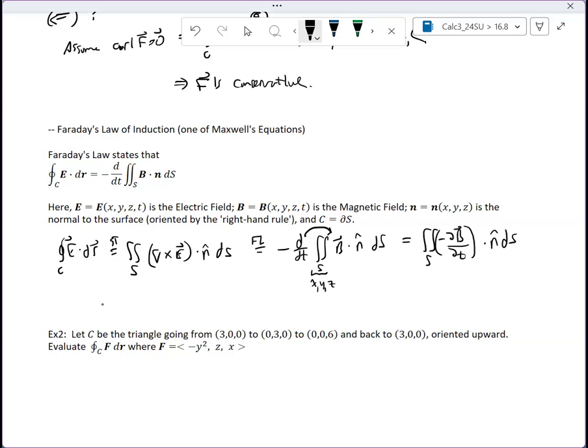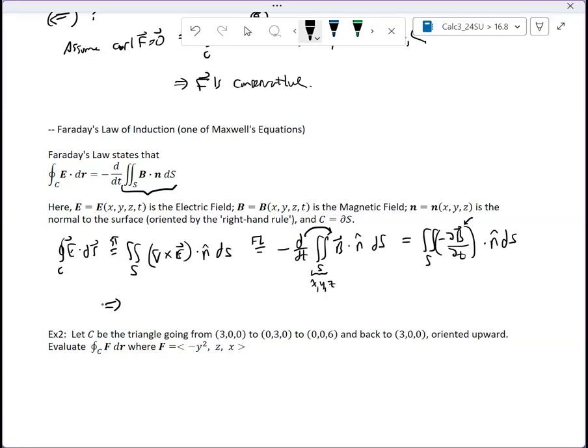We have a partial now because outside of the double integral the spatial variables are integrated away. We're just left with a function of t. But on the inside, my magnetic field is still a function of x, y, z, and t. So we need to take the partial here.